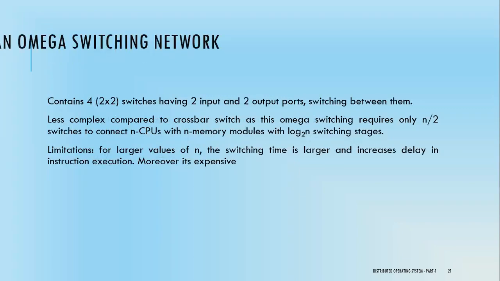Omega switching network: it contains four 2 by 2 switches having two input and two output ports, switching between them. It is less complex compared to the crossbar switch, as Omega switching requires only n by 2 switches to connect n CPUs with n memory modules, and log to the base 2 of n switching stages. Limitations: for larger values of n, the switching time is larger and increases delay in instruction execution.